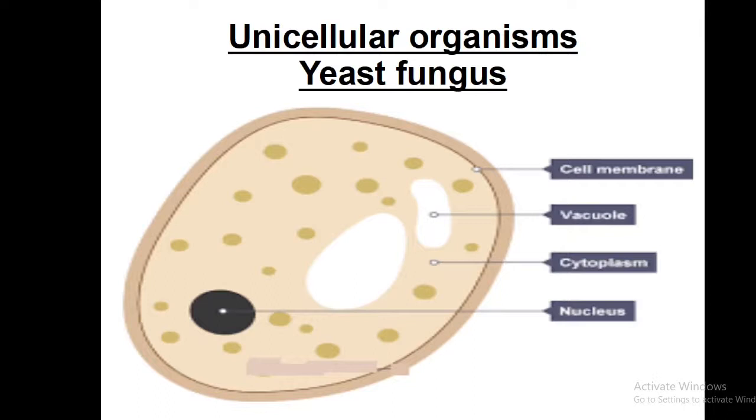The yeast fungus is surrounded by the cell membrane and it has a vacuole, it has a cytoplasm, and it also has a nucleus. And we cannot see the yeast fungus with our naked eye. We can see the yeast fungus under the microscope.